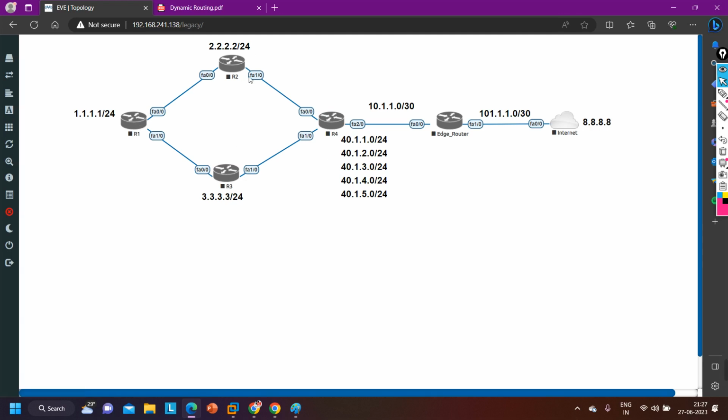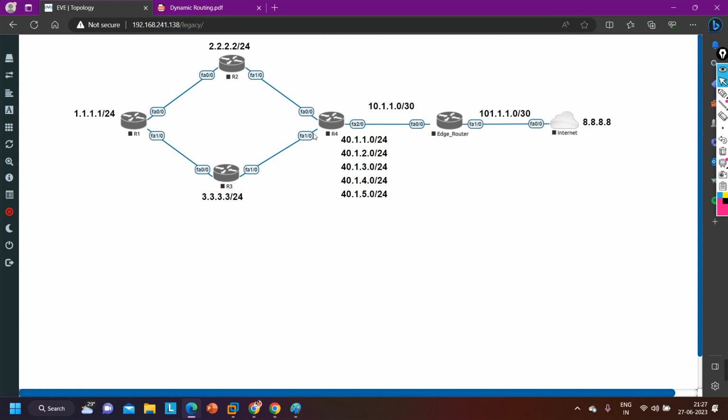It will perform load balancing, because you will see that from both sides the prefix length is the same, then the AD value will be the same, and the metric. The metric from router 2 is also 1, and from router 3 is also 1, so from both sides it is 2. So the metric is also the same. If all these 3 things are the same, then the router performs load balancing. So the router will install both paths in its routing table.